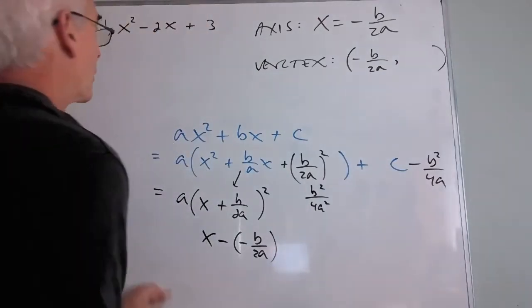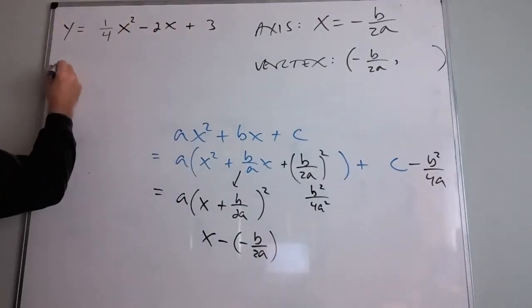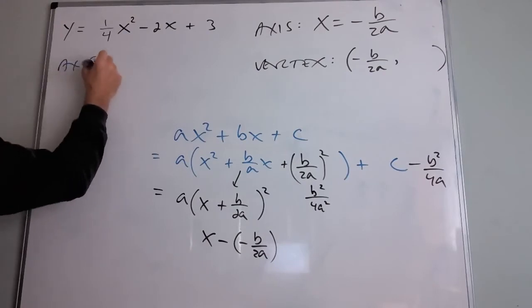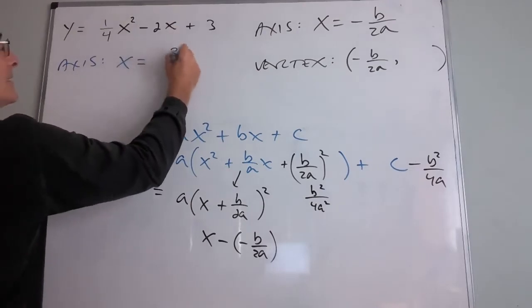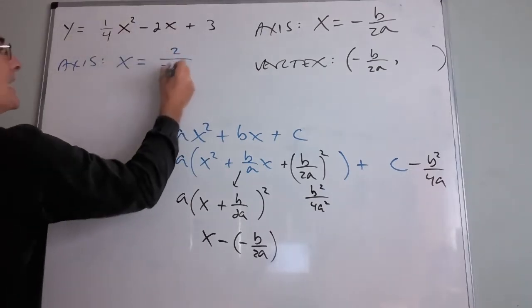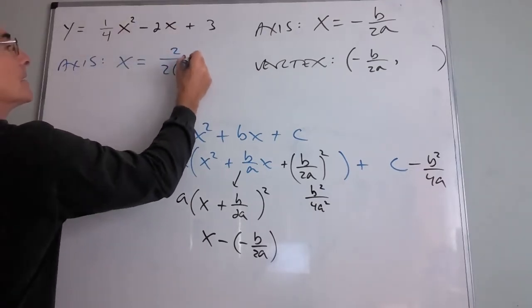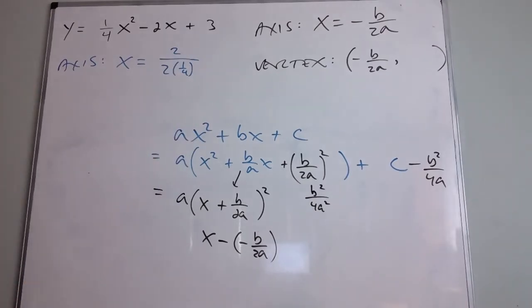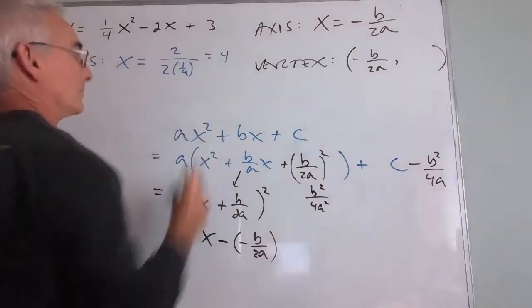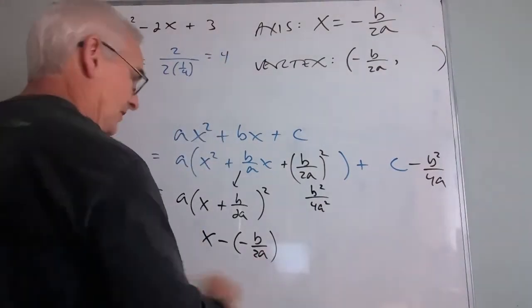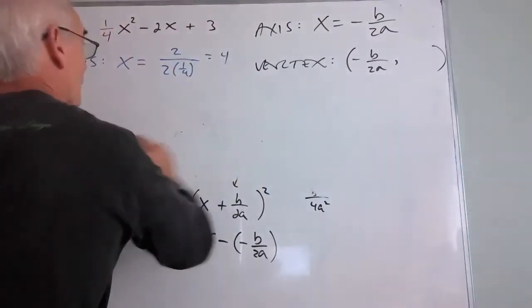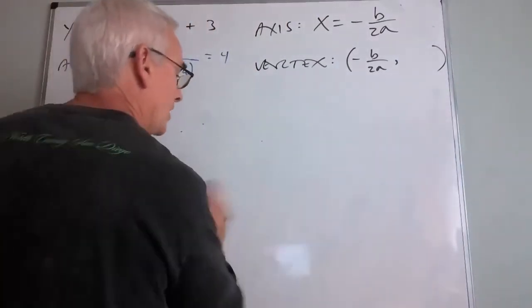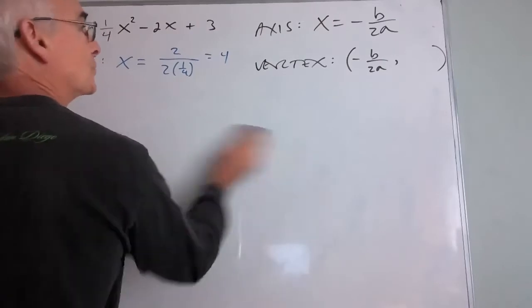So now going back to here, my axis is what? x equals negative b over 2 times a. Okay. 2 over 2 times a fourth, that would be 4. That tells me then that the x coordinate of my vertex is also 4. The vertical line x equals 4 passes through my parabola.